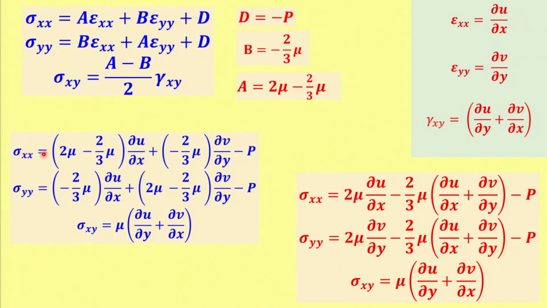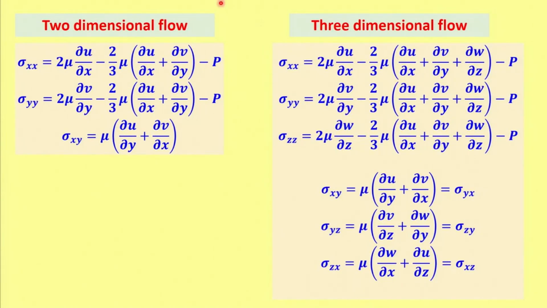If I do the algebra, I get 2 mu del u by del x minus 2 by 3 mu (del u by del x plus del v by del y) minus p. Similarly you can get sigma yy also the same, and sigma xy as mu (del u by del y plus del v by del x). So this was what we derived for two-dimensional flow.